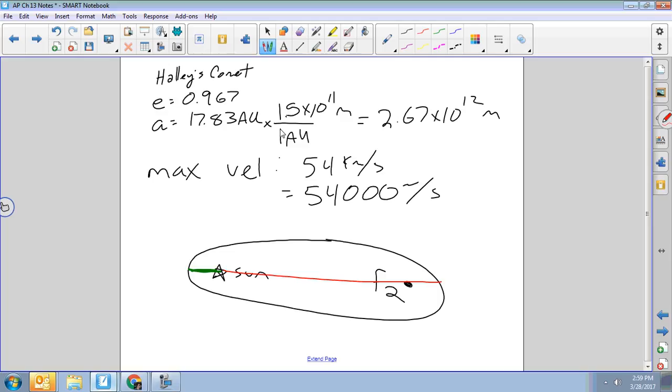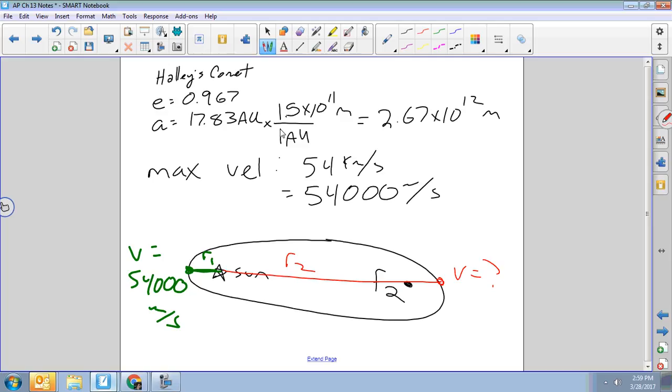At this point, I know that my velocity is 54,000 meters per second, and the question is, what's the velocity over here? Make sense? So in order to do that, I need to know my R. I'll call this R1, and we'll call this one R2. So I need to know the two radii.